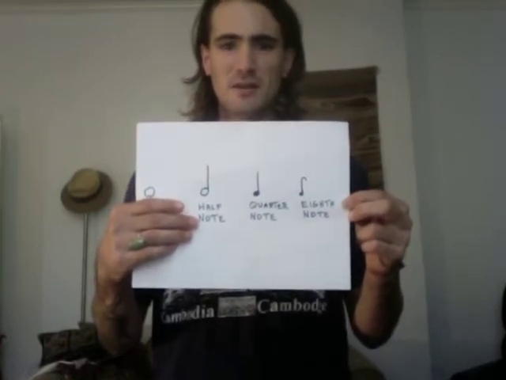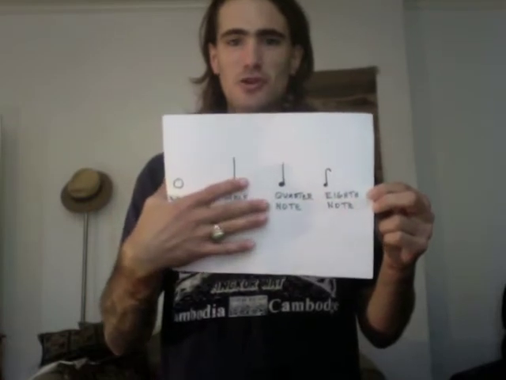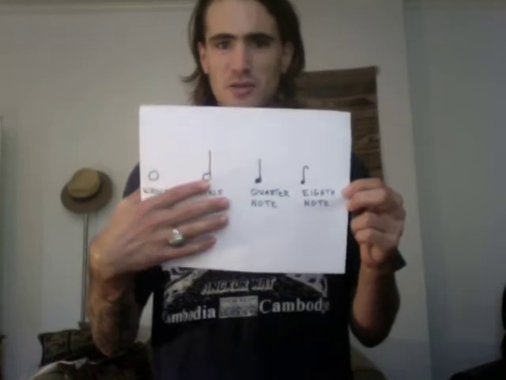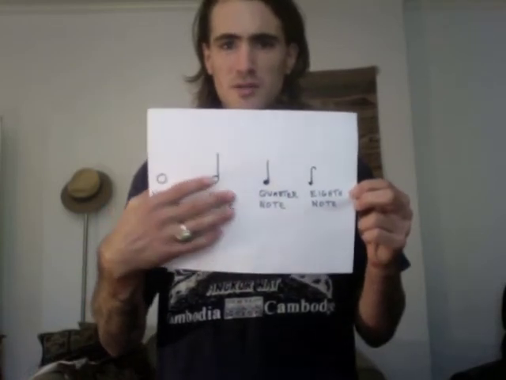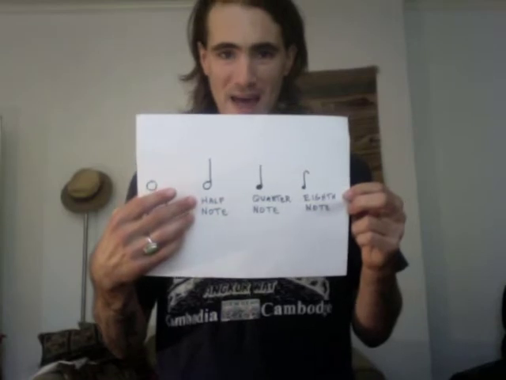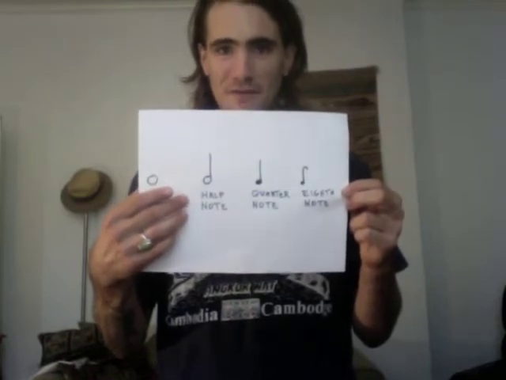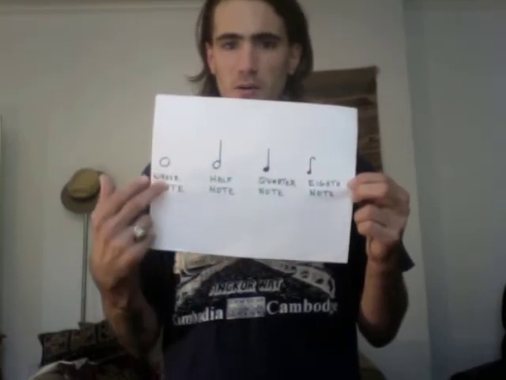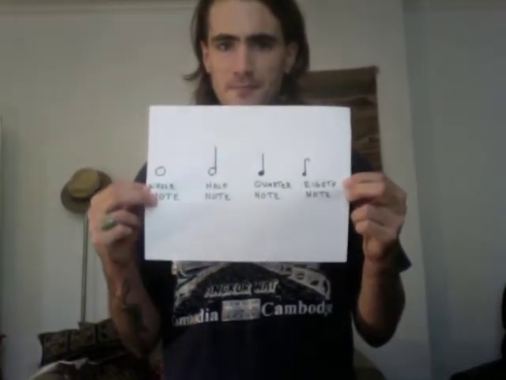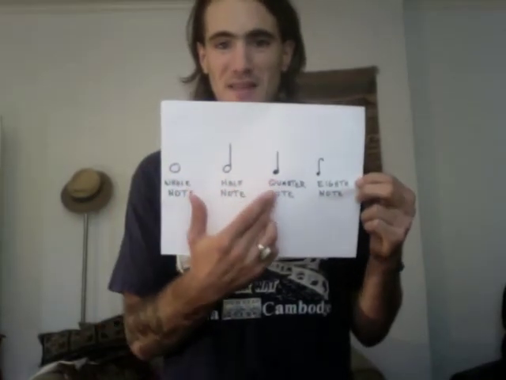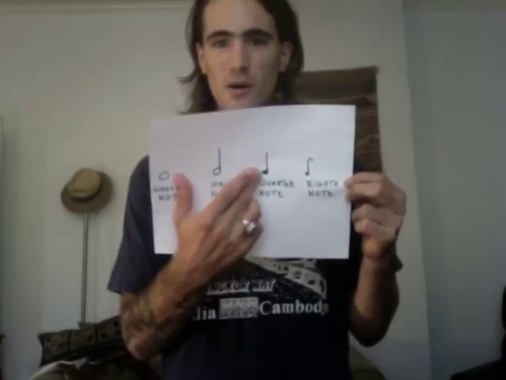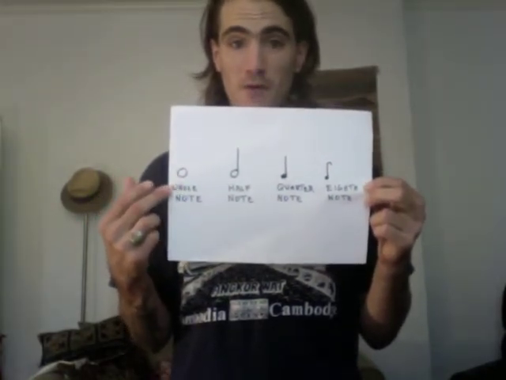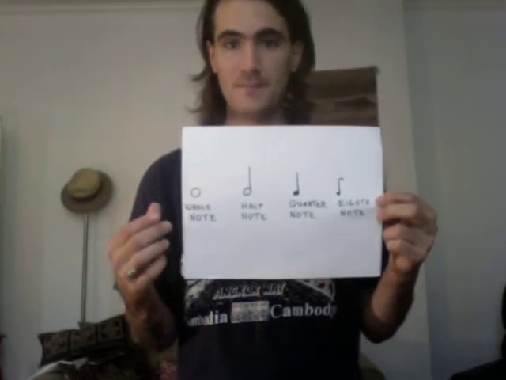A half note then has two quarter notes inside of it, which means if there's two quarter notes to a half note and two half notes to a whole note, there are 4 quarter notes in a whole note. Or another way of saying that is 1 quarter note is a quarter of a whole note, a fourth.